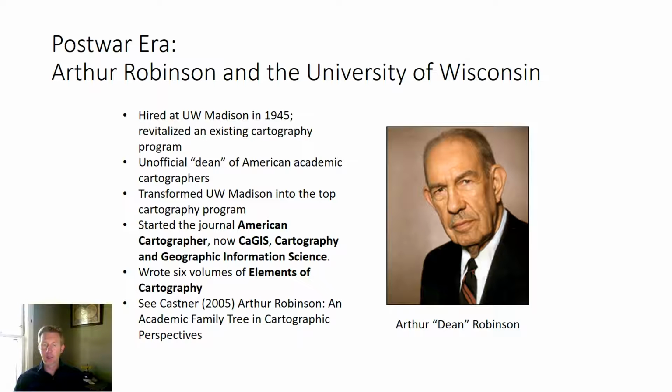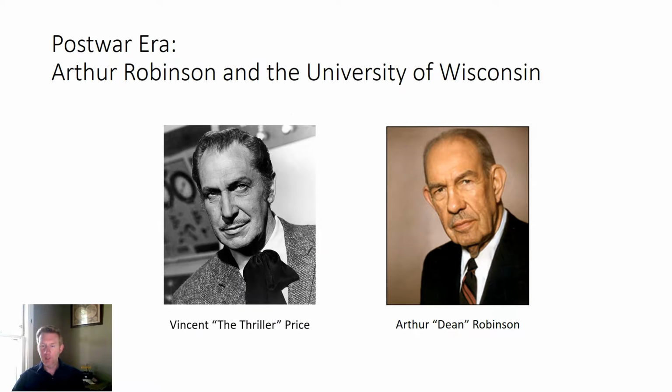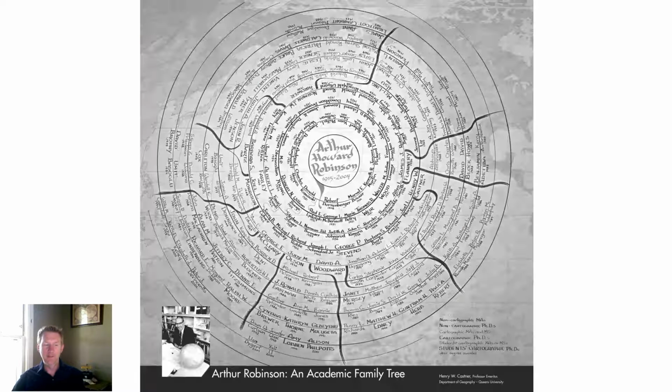He wrote six volumes in the Elements of Cartography, and has a really amazing cartographic imprint, the academic family tree of cartographers that work in the United States. Many of them trace their academic lineage back to Arthur Robinson. I actually think Arthur Robinson looks a lot like Vincent Price, if you know who that is. They just happen to be at the same angle here, so there you go.